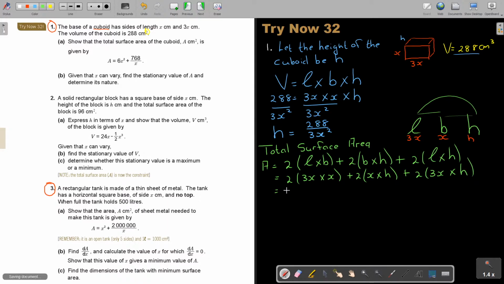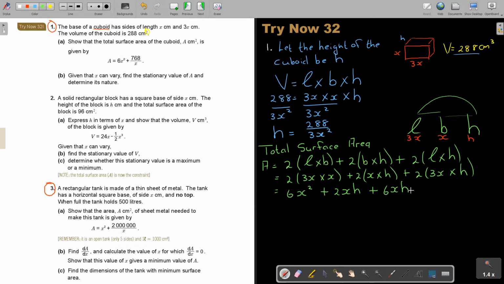And that is going to give me, I think I can simplify it further. That's 3x squared times 2, which is 6x squared. That's xh times 2, so it's 2xh, plus 3x times h times 2, so it's 6xh.